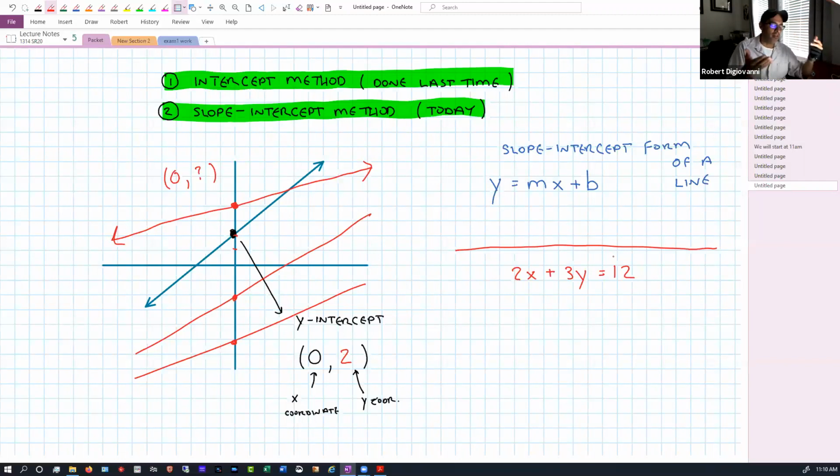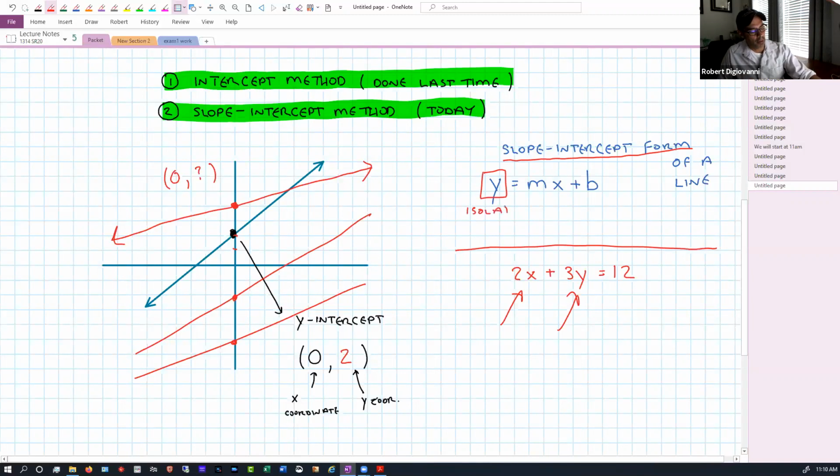So we know that the solutions to that should form a line. Now, the slope-intercept form is just another way of writing this equation. What it is, it's this equation, but you isolate y by itself.